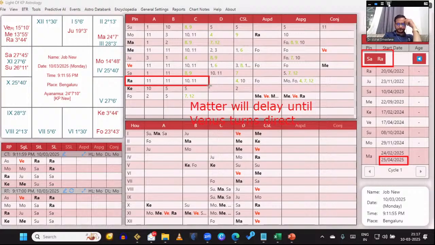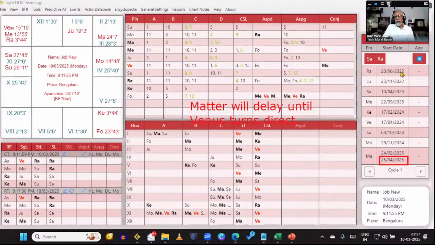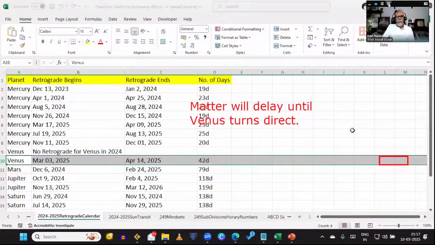Because we need to see 2, 6, 10, 11. So before 25th of April 2025, the matter can fructify. So we will go to 25th of April.